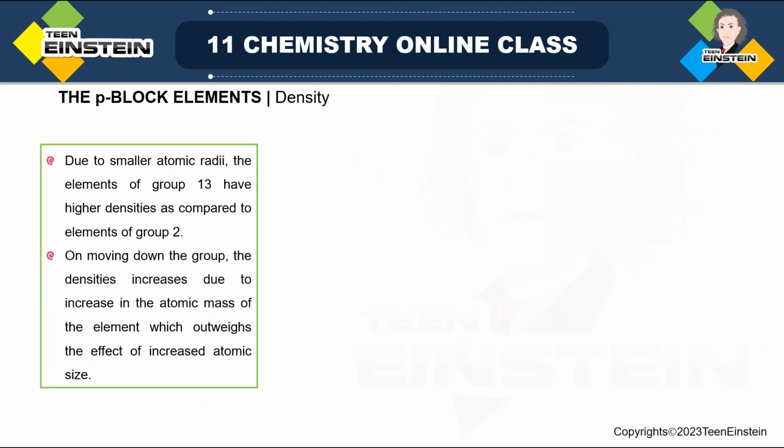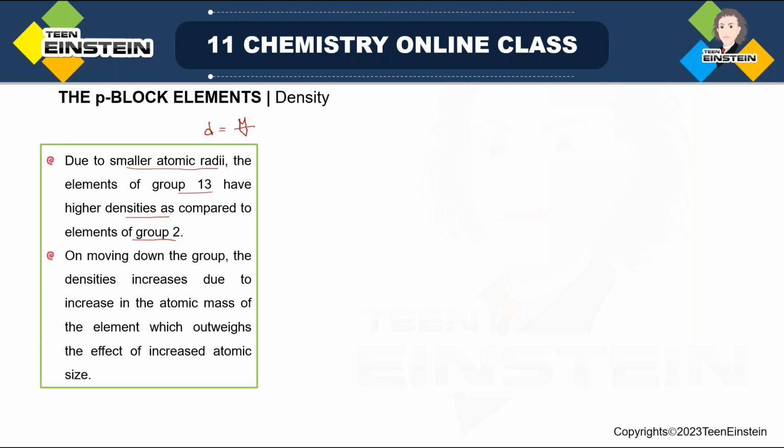Density, this is the last property we are going to discuss. Due to smaller atomic radii, the elements of group 13 have higher densities as compared to group 2. So compared to group 2, group 13 size is small and density is high. Now when we are talking about density, it is basically mass divided by volume.